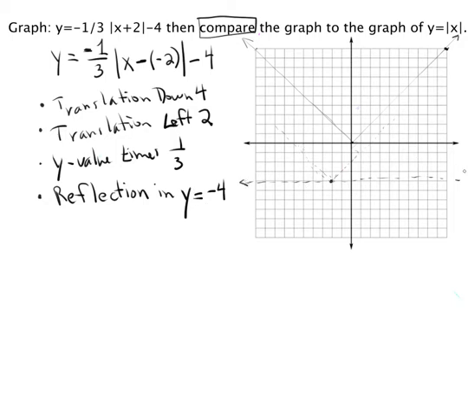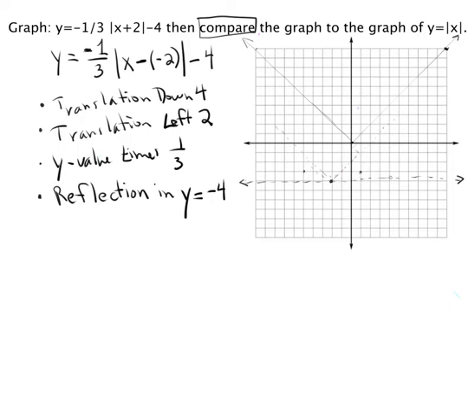But I'm going to do the 1/3 first so I don't make any errors. If I go over 1 from my vertex and up 1, I'm going to do a third. It's not a nice point, just a fractional in between. So I'm going to go over 3, up 3, because if I take a third of that, it's a nice crosshairs point that I'll be able to reflect across.